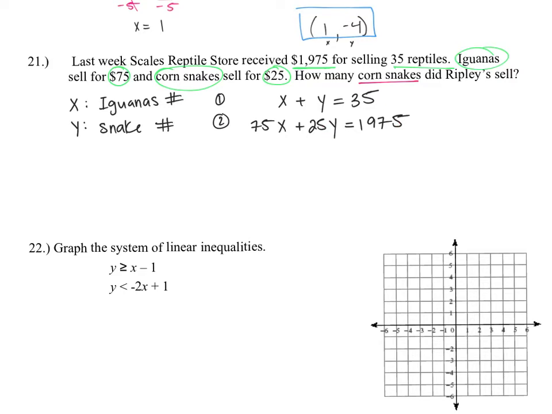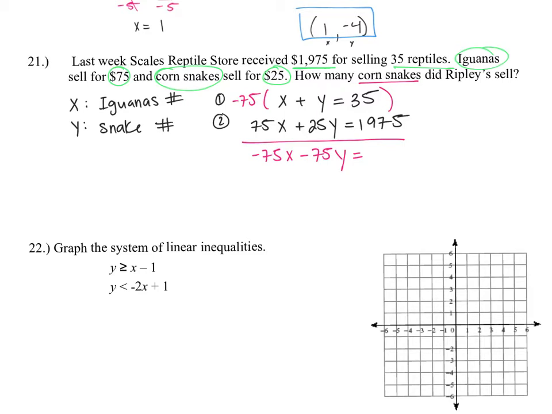Since my goal is to try to get y by itself, maybe I'll cancel out the x's. So if I cancel out x, I would have to multiply the top by negative 75, because I notice this is a positive 75. So if I were to do that, my first equation ends up being negative 75x minus 75y equals negative 75 times 35. I'm going to type that into my calculator here.